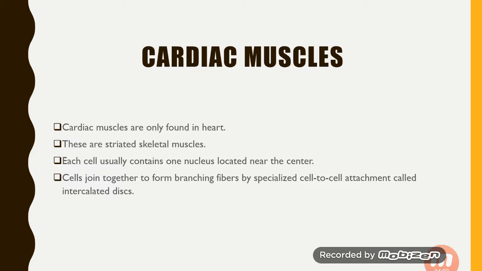The cardiac muscles are branched extensively and they are interconnected, and the speed of the contraction of cardiac muscles is intermediate, meaning it is in between the speed of the smooth muscles and the skeletal muscles.